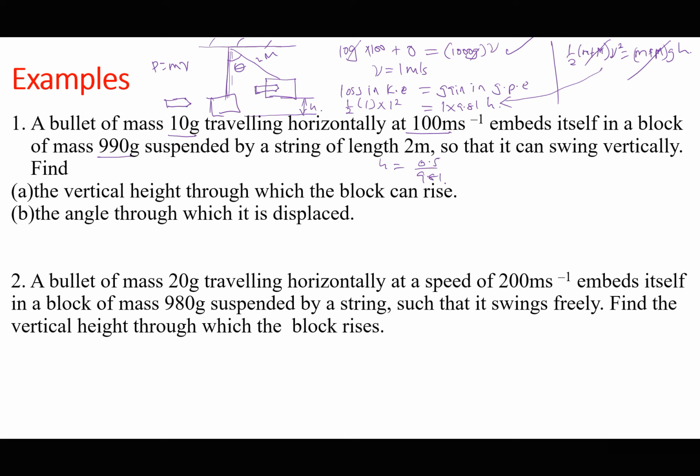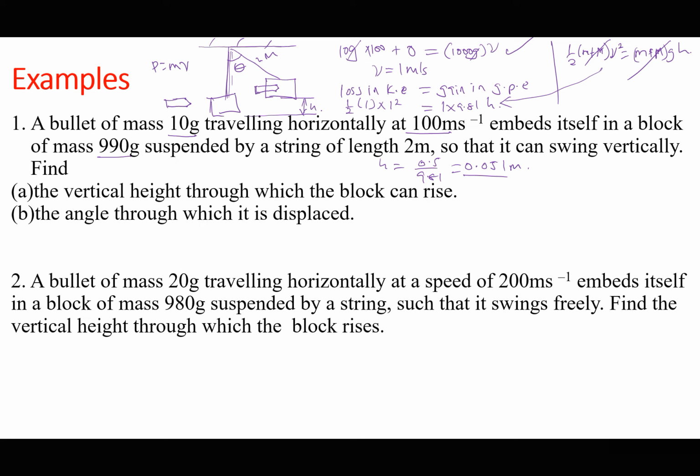So I'll just press my calculator: 0.5 divided by 9.81. So h is approximately 0.051 meters. Then the angle through which it is displaced.